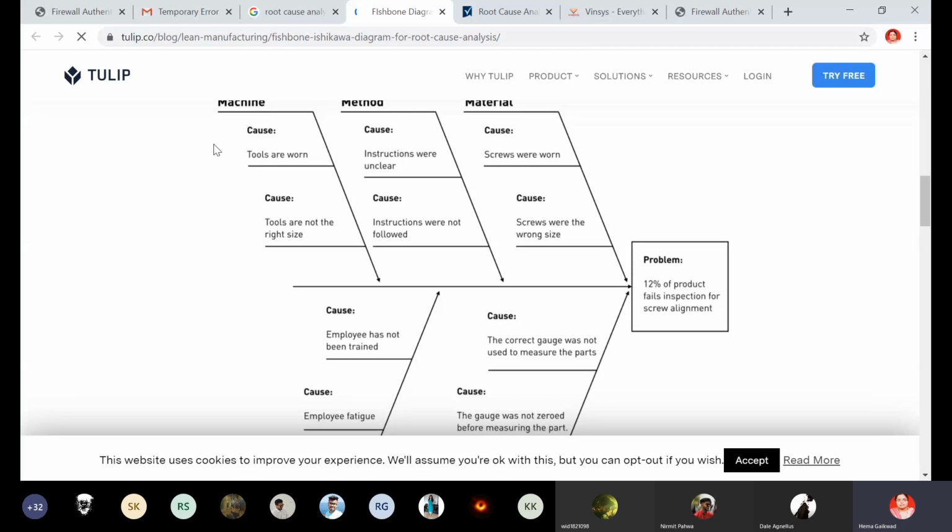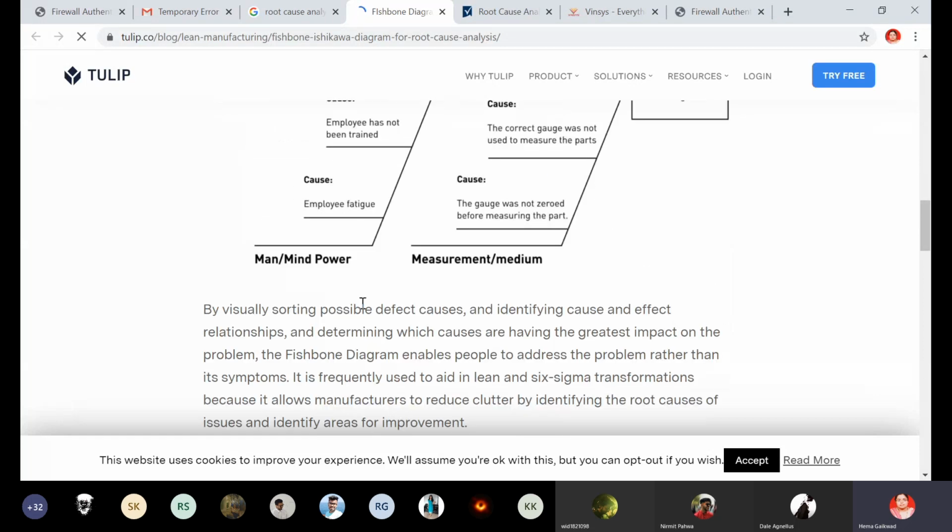They have identified 2 causes from machine, 2 causes for methodology, 2 causes for material, 2 causes for mind power, as well as the measurement. You can include more than one cause also.